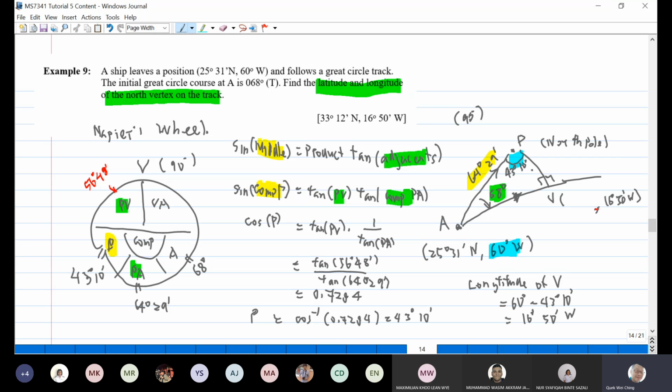And the latitude, just now we find out, is actually go up. The latitude is actually 33 degree 12 minutes north.